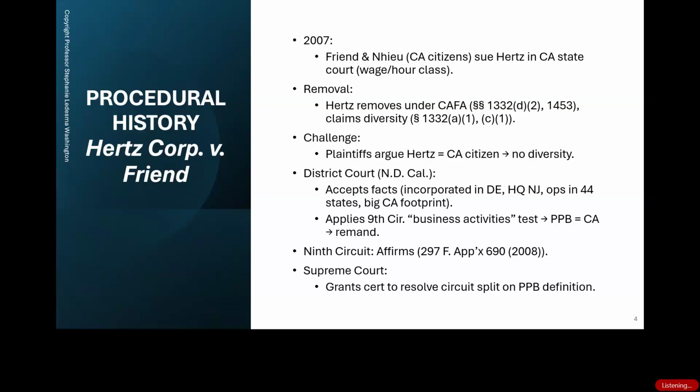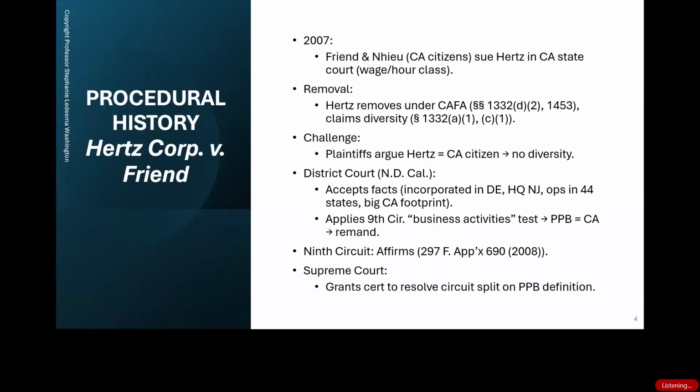With all of that being said, Hertz appeals. Hertz files a writ of certiorari to the Supreme Court, and the Supreme Court states that one of the reasons it granted certiorari was because there was a split in the circuits as to what the definition of principal place of business was.